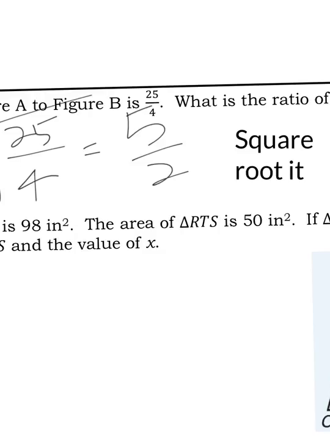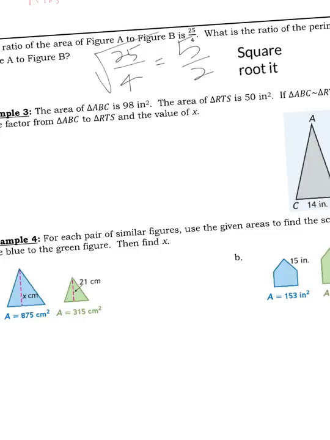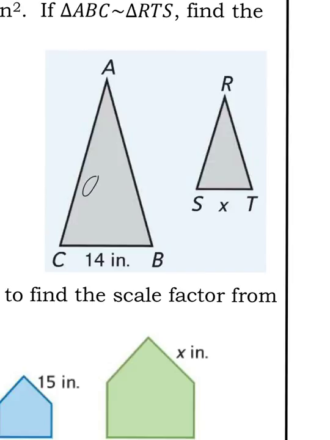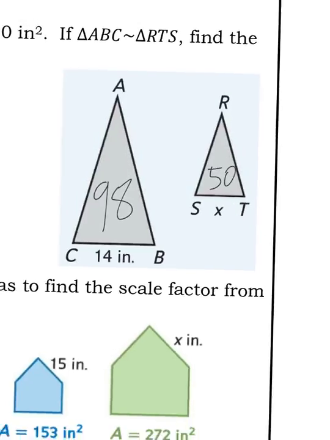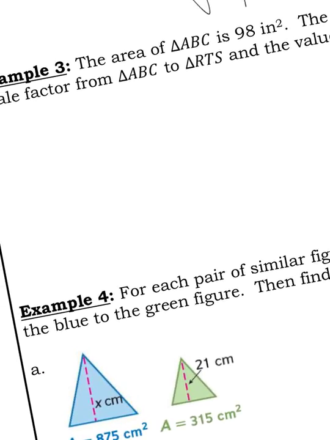I'm going to repeat that process for these next few examples. I'm given that triangle ABC area is 98 and triangle RTS is 50. So I'm going to make the fraction 98 over 50, only this time instead of squaring it, I'm going to square root it, because I have to go backwards.